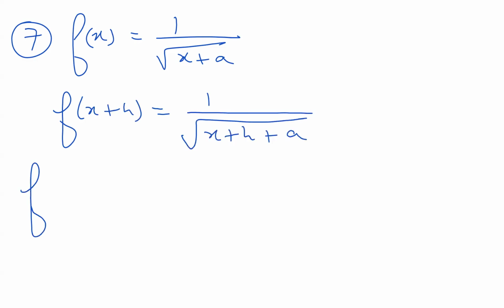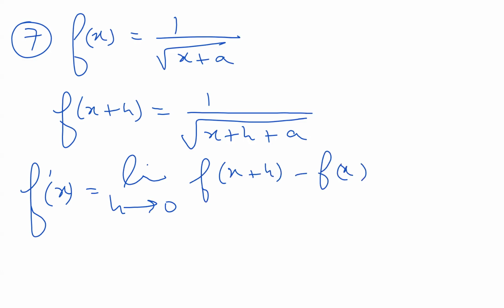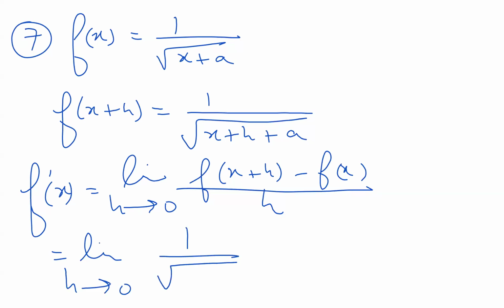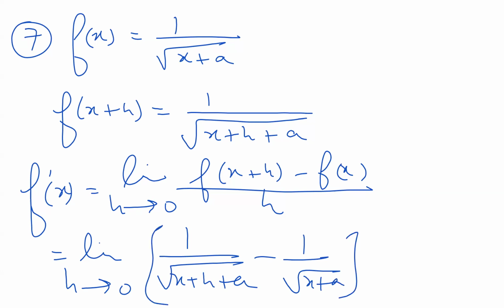So using first principle, f dash x is equal to limit h approaching 0, f of x plus h minus f of x upon h. This is also limit h approaching 0, 1 upon root x plus h plus a, okay, minus 1 upon root x plus a, divided by h. Fine.